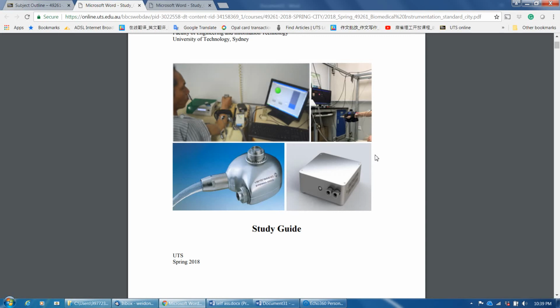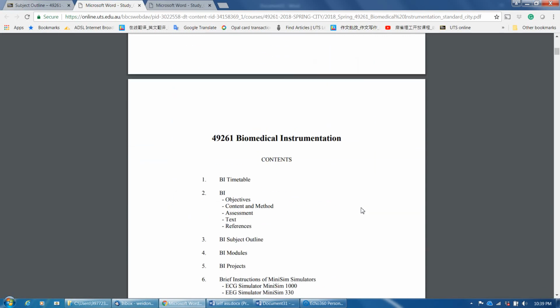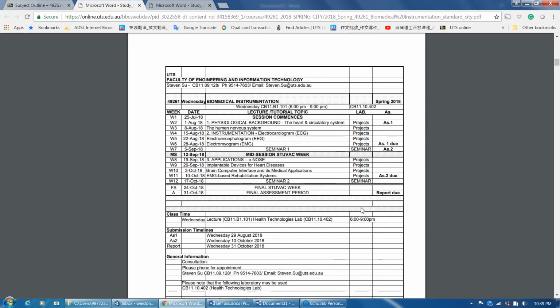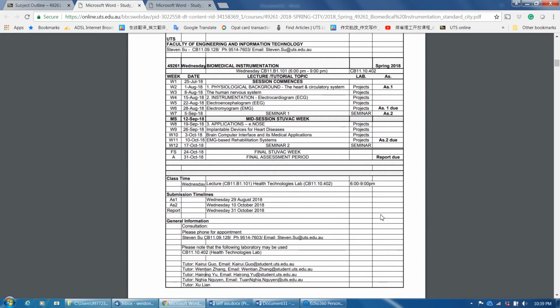The subject will also aim to encourage the practice of good design. Now let's look at the study guideline, and here is the most important information.